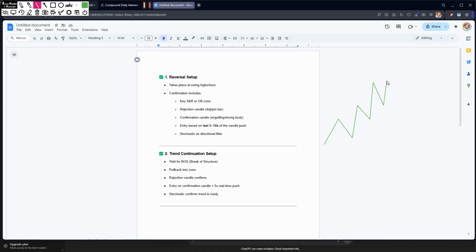If price continues going down, let's take this back, and price decides to come down.